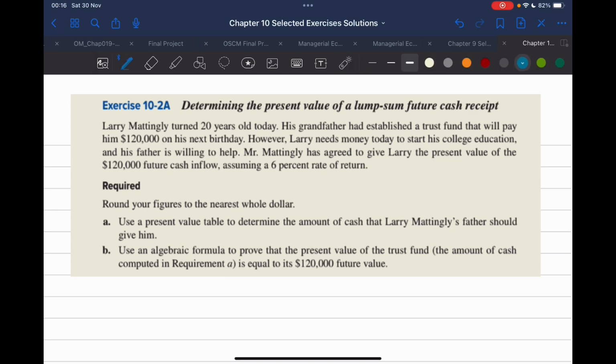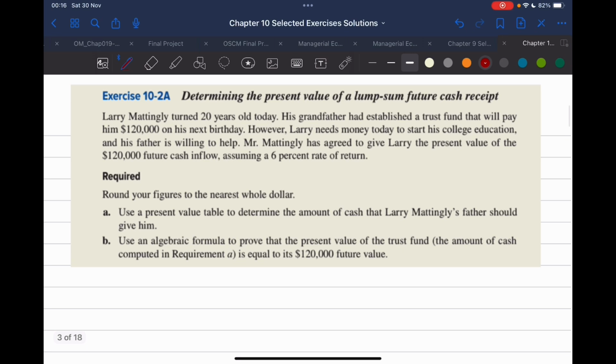Okay, so let me quickly remind you of the formula. If we are using the table, the present value, which we want to calculate, should equal the future value multiplied by the present value interest factor that we're going to find from the table.